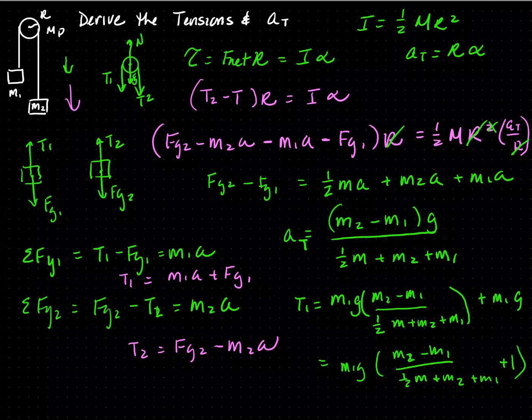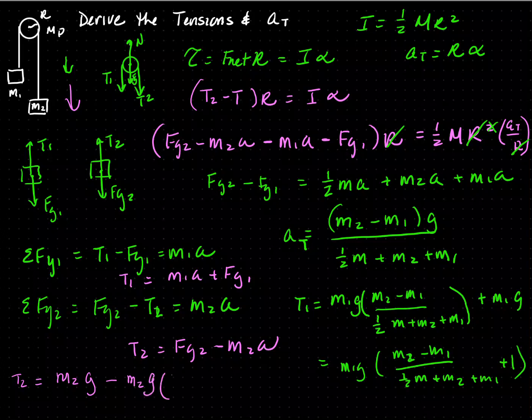And you can repeat the procedure for the second one, T2. So T2 will become m2g minus m2, and if you notice, I'm going to factor out a g here.